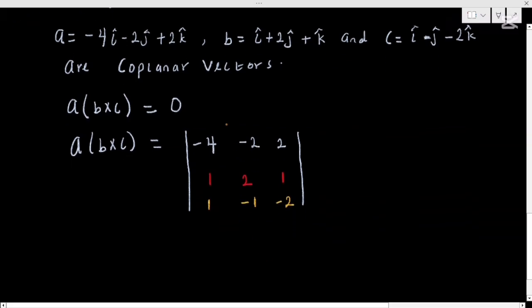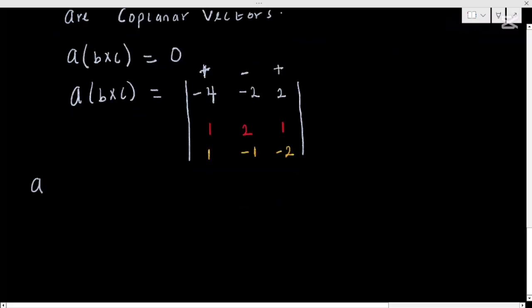Then we look for the determinant. Don't forget that here we will have plus, minus, plus. Right? Let's go. So A dot B cross C will just be, here we have -4 into, when we cross this out and also cross this out, what do we have left? 2, 1, -1, -2.